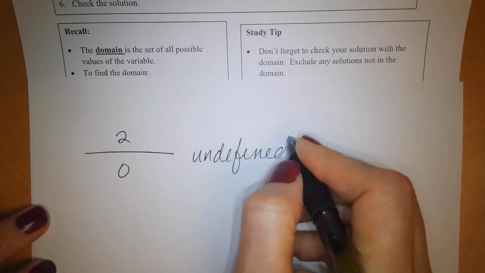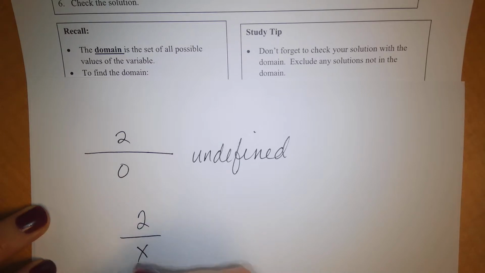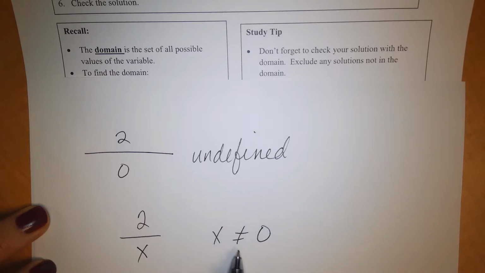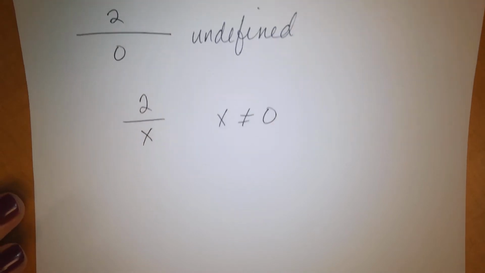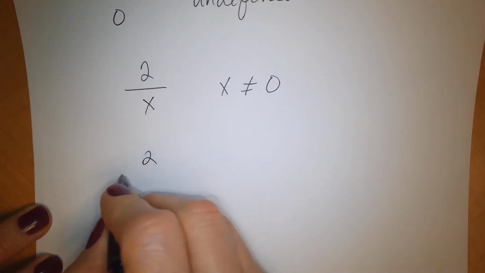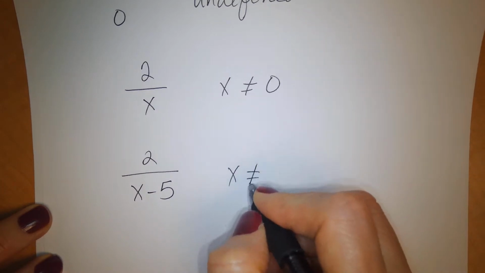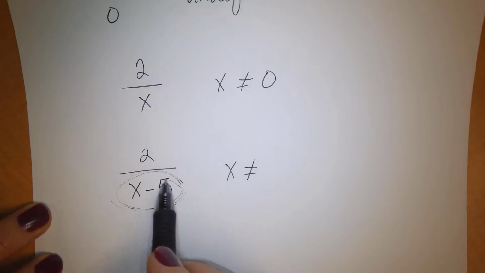You cannot divide something by 0. So if I put x on the bottom, I would say x can be any real number except 0. X can never be 0 because it makes the denominator 0. If I put something like 2 over x minus 5, I would say x cannot be whatever makes this whole thing equal to 0.